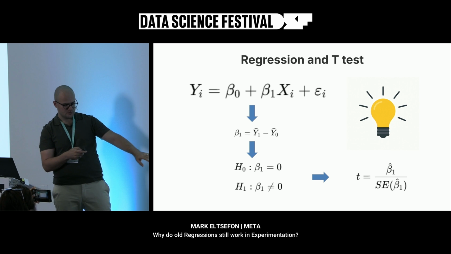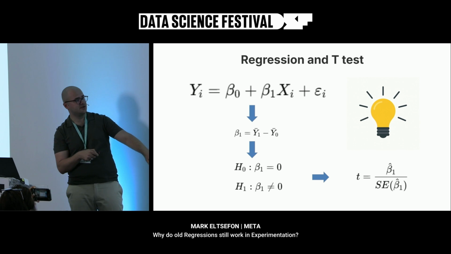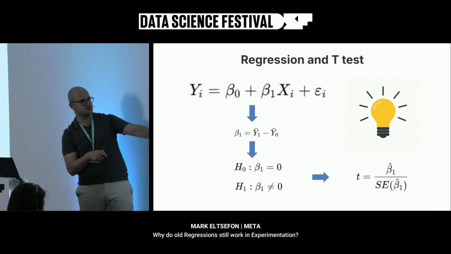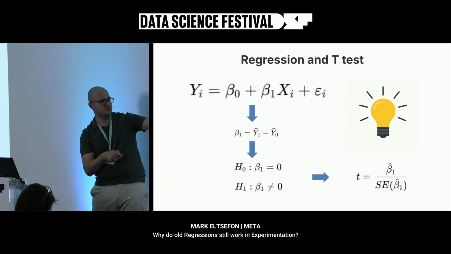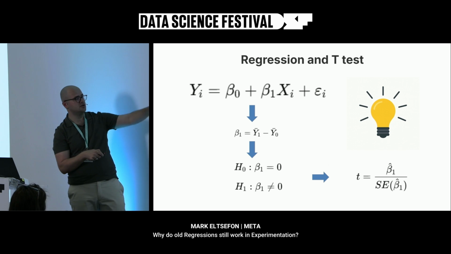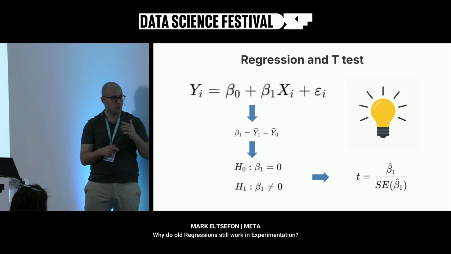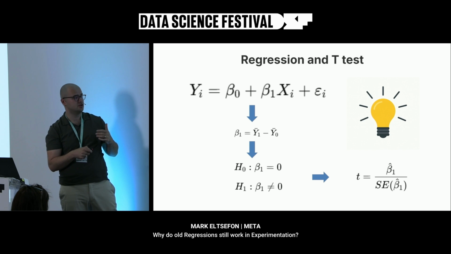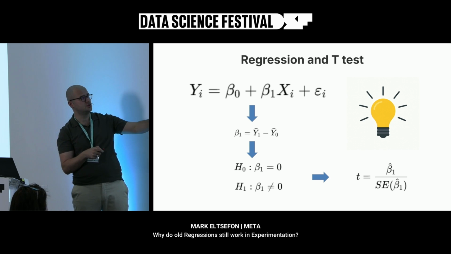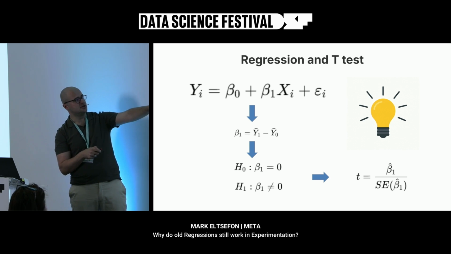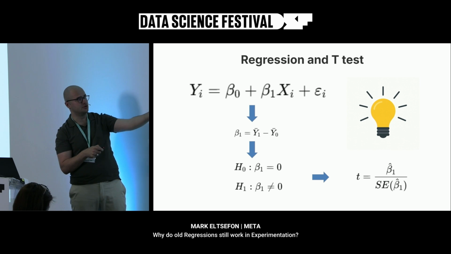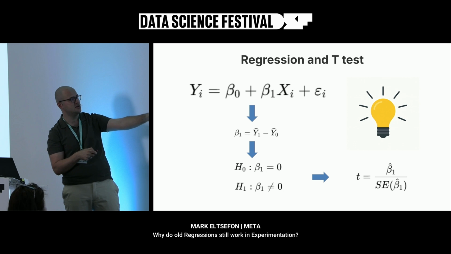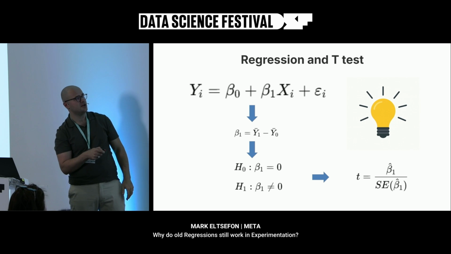So we have this beta 1. Yeah, so it's just the difference in average means. Then in linear regression, what we want to check is going to be our null hypothesis. What we want to prove is whether there is a real connection, correlation between X and Y. That's why we're testing if beta 1 is 0.